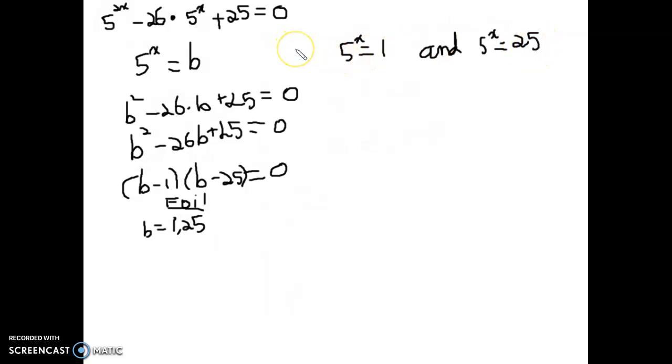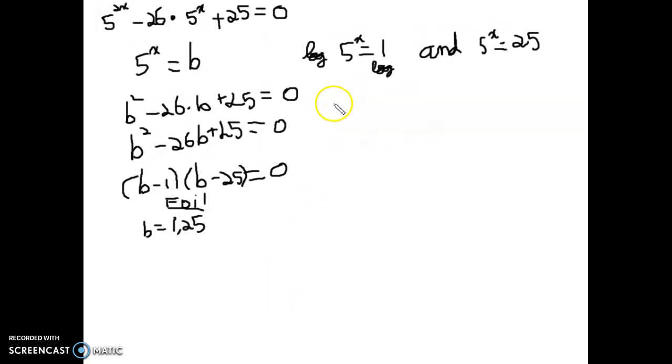And so if you remember how we approach logarithmic equations, we'll have to take the log of each side of the equation in order to solve for x.